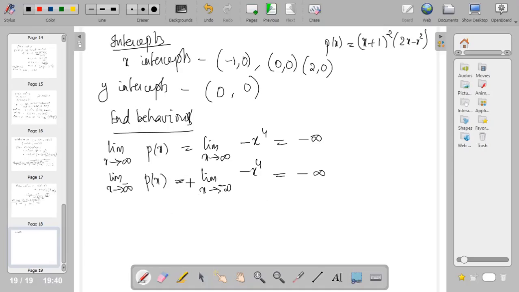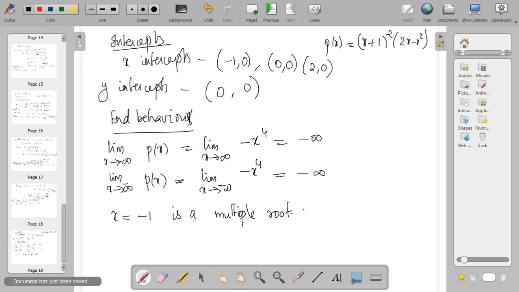And now one thing we get from this is that x equal to -1 is a multiple root. Multiple root of multiplicity 2.